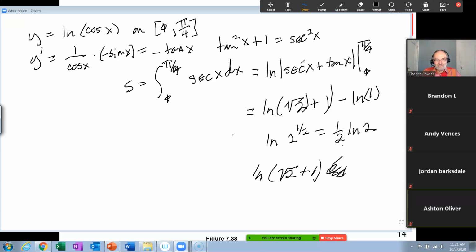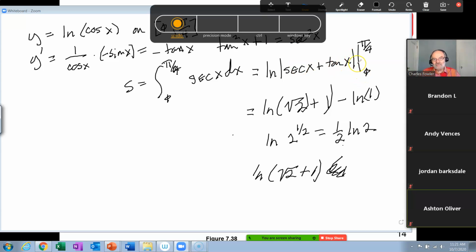That would be log of, let me also get rid of this. This extra parentheses is not necessary. It's the log of root 2 plus 1 minus the log of 1. Secant of 0 is 1. Tangent of 0 is 0.